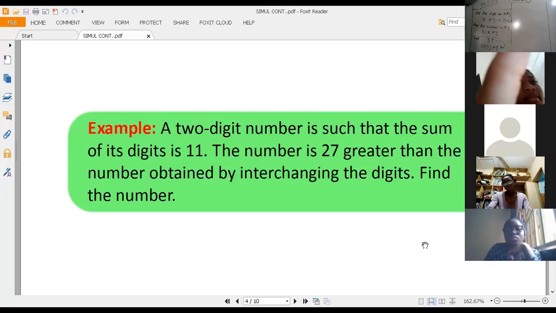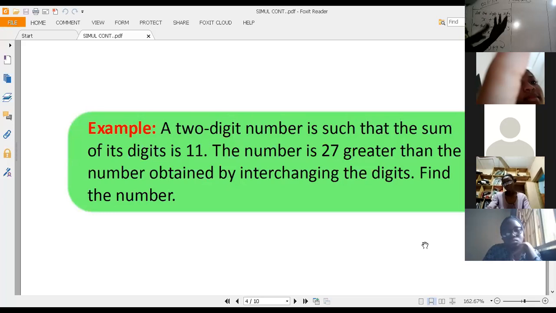So 10x plus y is equal to 27 plus, when you interchange it, 10y plus x. Are you following? When you interchange the digits, it will now be 10y plus x.